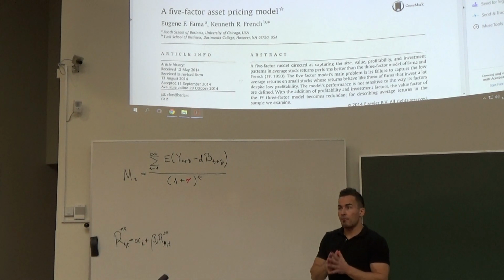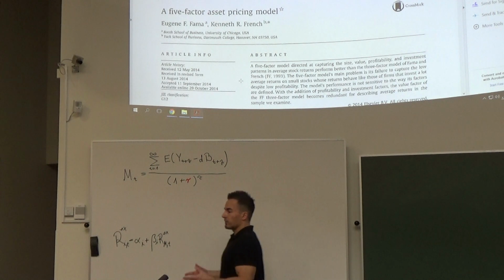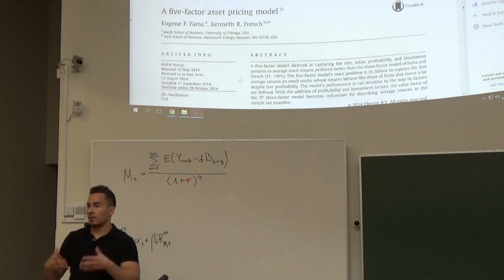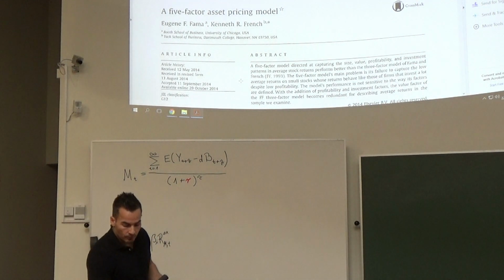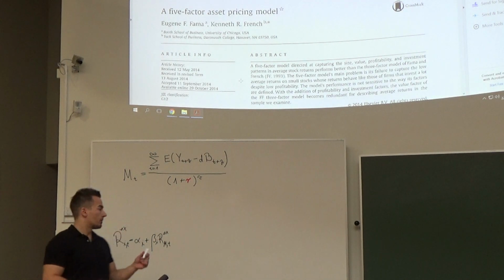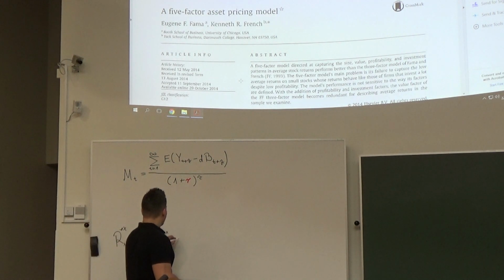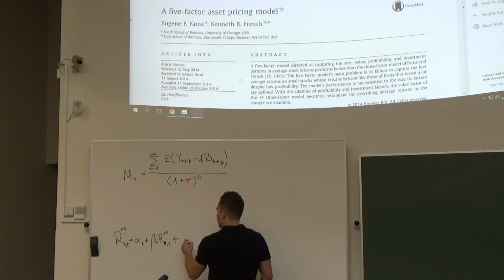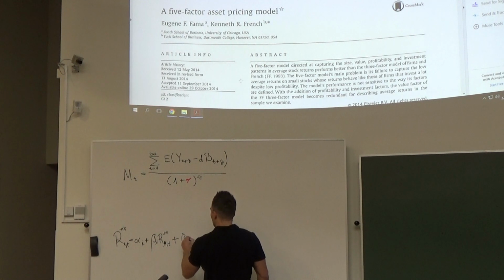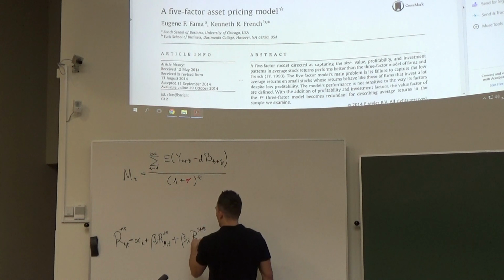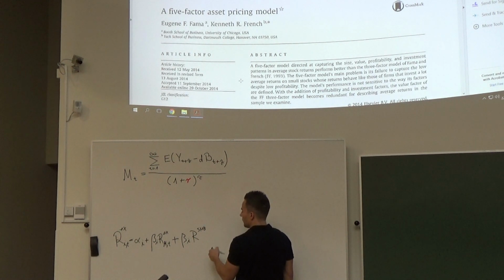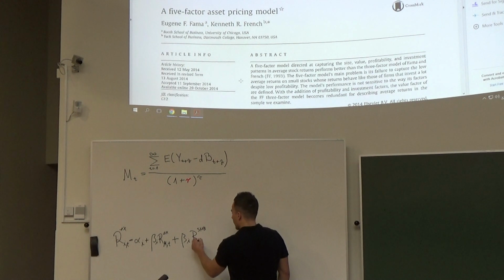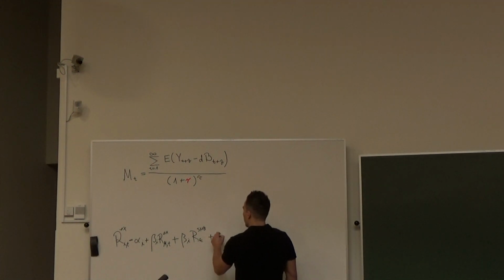Therefore, people came up with other pricing models. For instance, in the 1993 paper, Fama and French came up with the three-factor model, which all of us know, where they add to the market factor the SMB factor, where SMB denotes the zero-cost portfolio that is long in small stocks and short in big stocks, and also the HML factor.